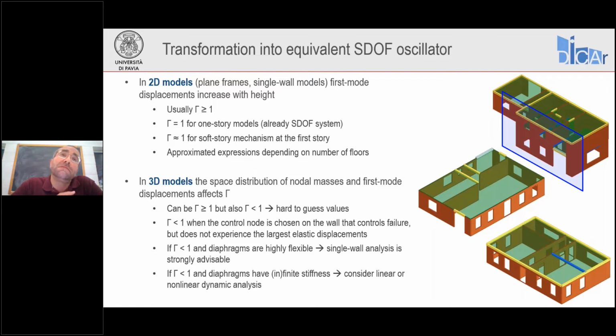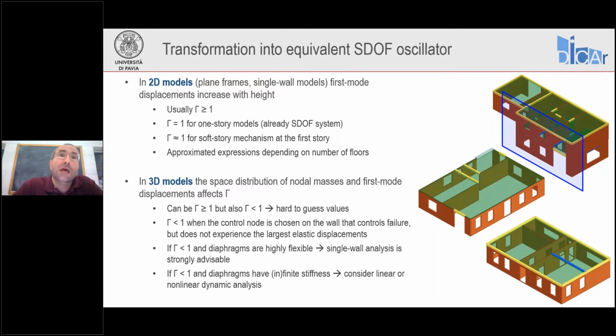Now, this fact that gamma is less than 1 usually happens if we are considering a control node on the wall that is controlling failure of the system, which is an appropriate choice. But under initial conditions, when the building is responding elastically, this wall is not experiencing the largest displacement.